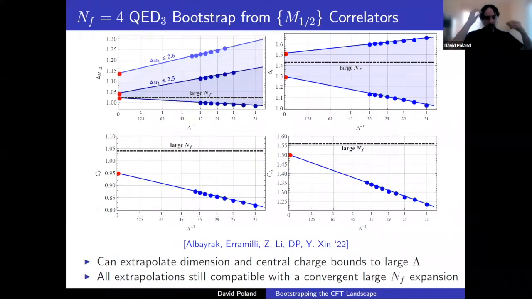We did some extrapolations to large derivative order in the bootstrap. I won't dwell on this, but the basic punchline is that all the extrapolations of the allowed ranges for delta M1/2, delta R, CJ, and CJT still seem compatible with their large N estimates, extrapolating the sizes of these bootstrap islands to large derivative order, which is your conjecture about the optimal island.